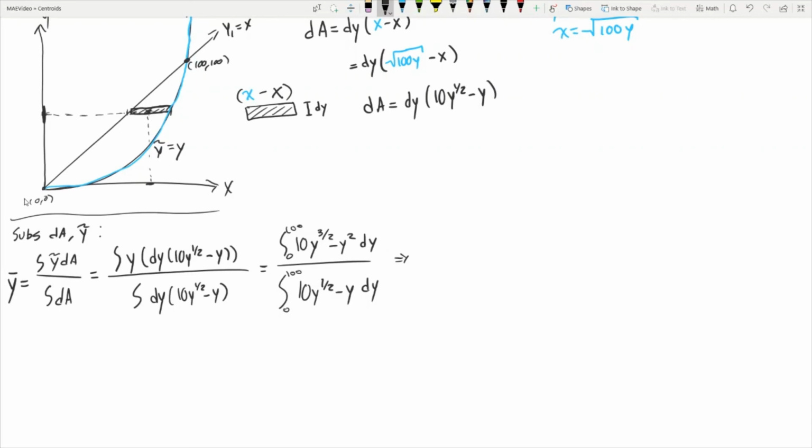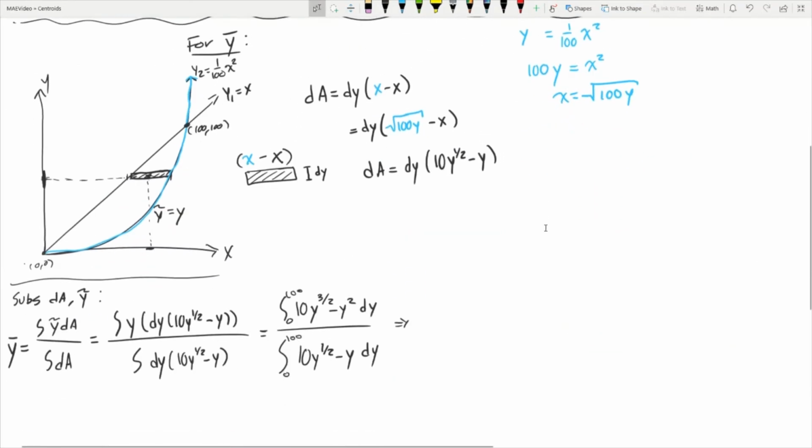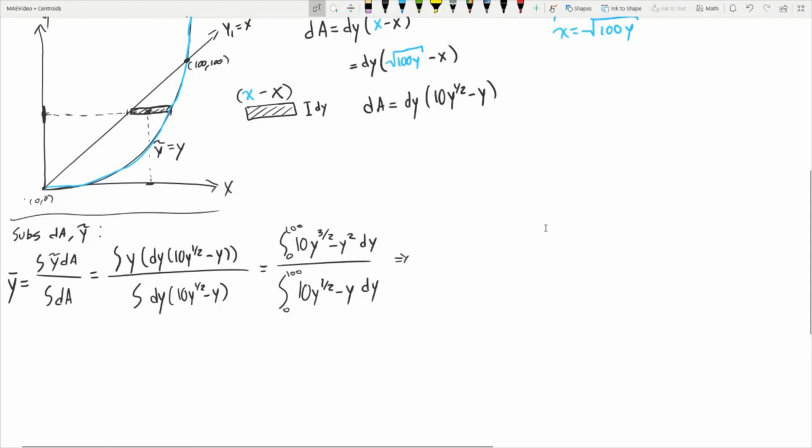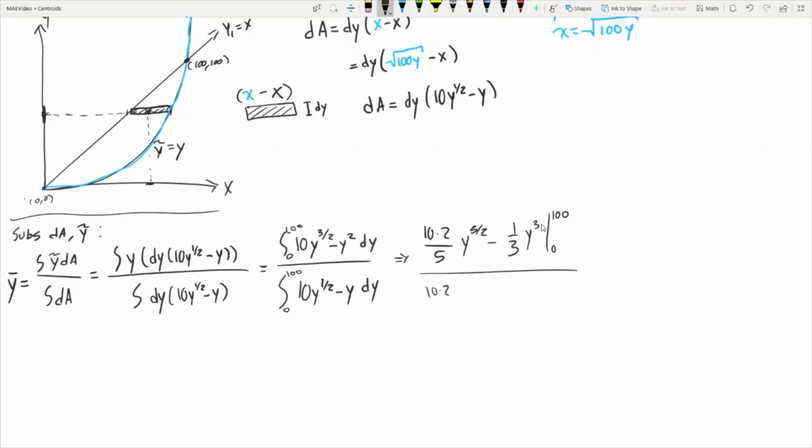And then if we go ahead and actually evaluate this, so I'm going to do the integral right now, we'll end up with 10 times 2 over 5 y to the 5 over 2, minus 1/3 y to the 3rd, from 0 to 100, over 10 times 2 over 3 y to the 3/2, minus 1/2 times y squared, from 0 to 100.